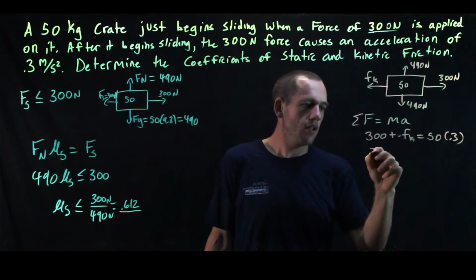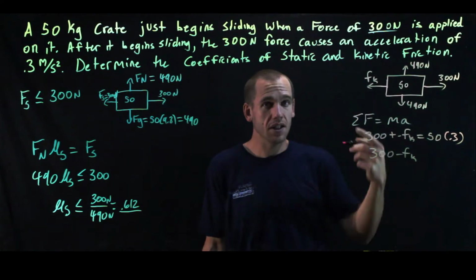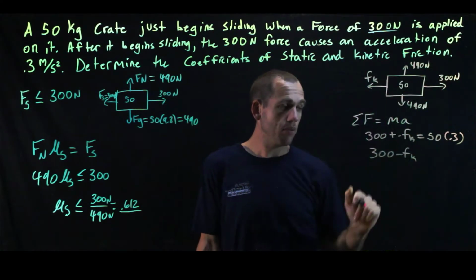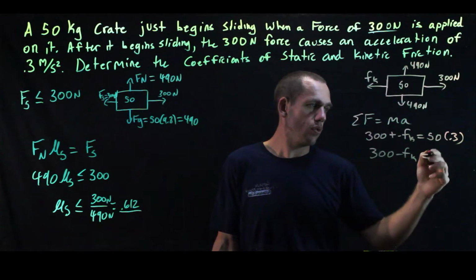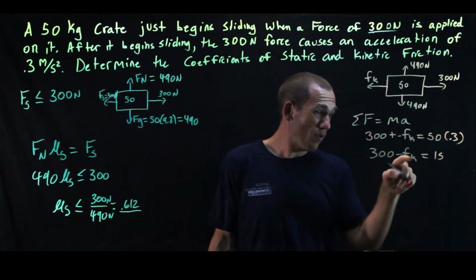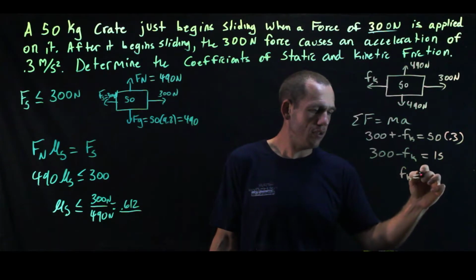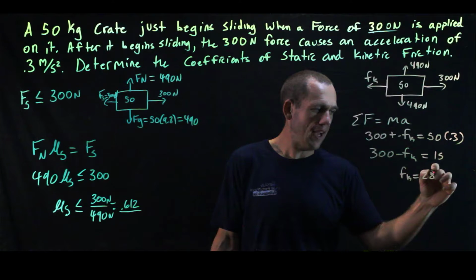So that means 300 minus the frictional force, now I did add the negative because it is opposing my 300 Newton force, is equal to 15. Then I can add over Fk and subtract 15, and I get Fk is equal to 285 newtons.